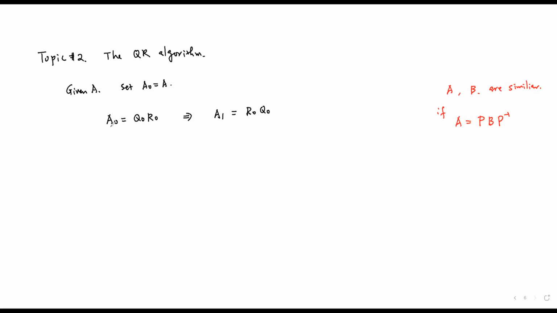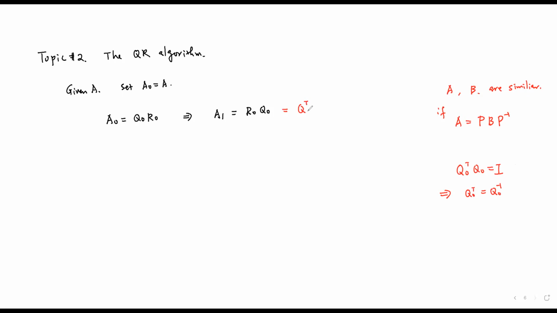Matrices A0, now new matrix A1. Q0 is orthogonal. That means this equation is true. So move Q0 to the right side. Q0 transpose actually is Q0 inverse.